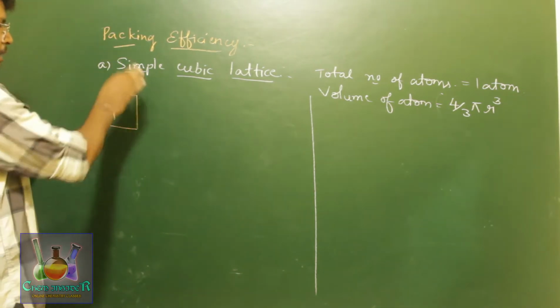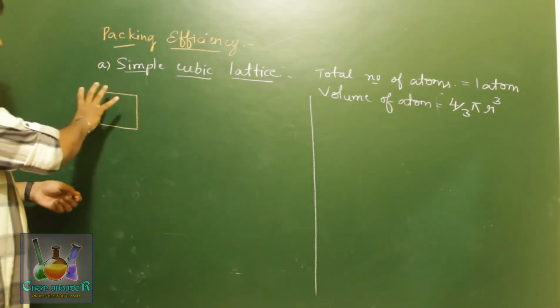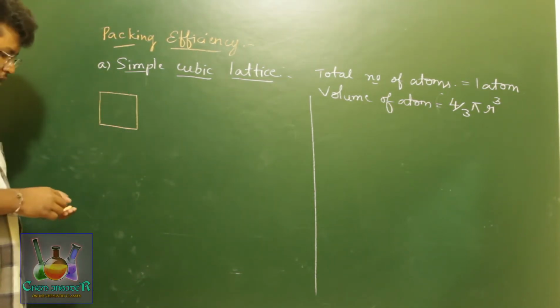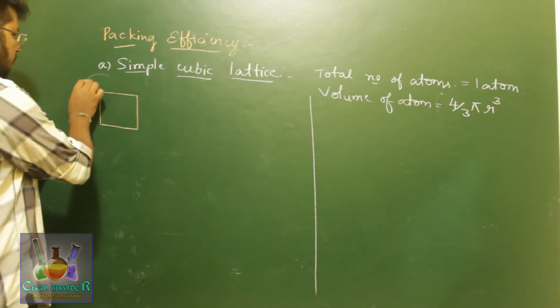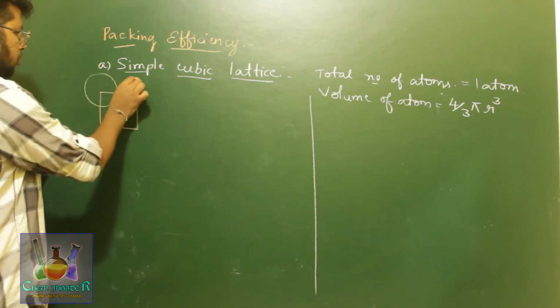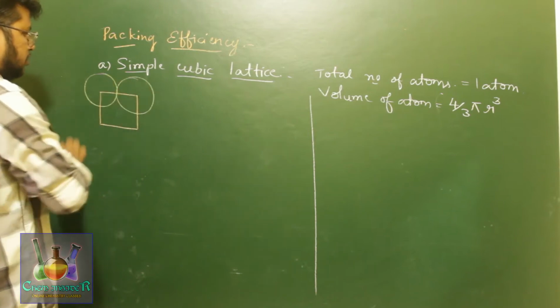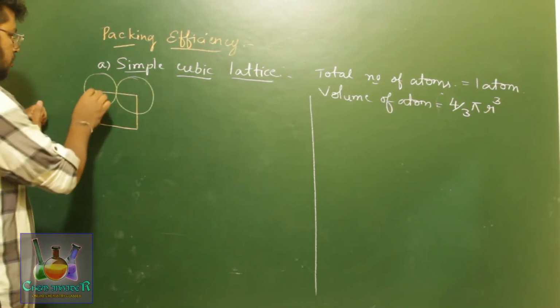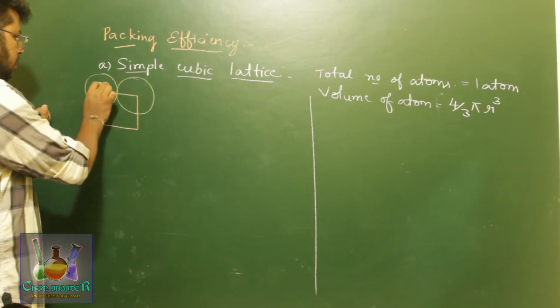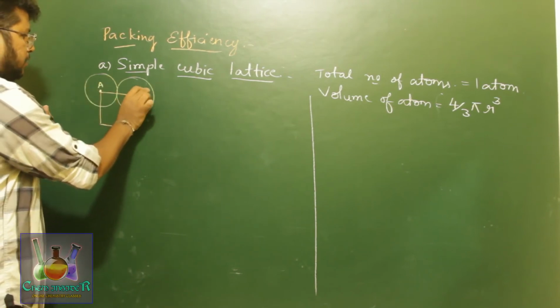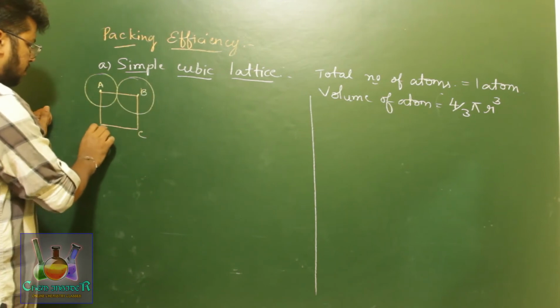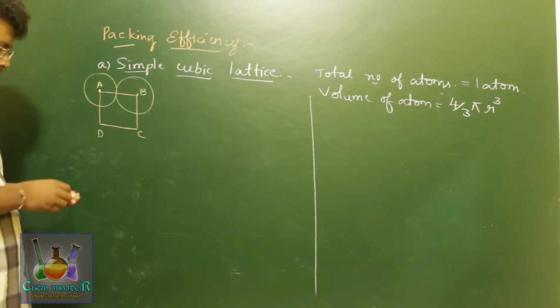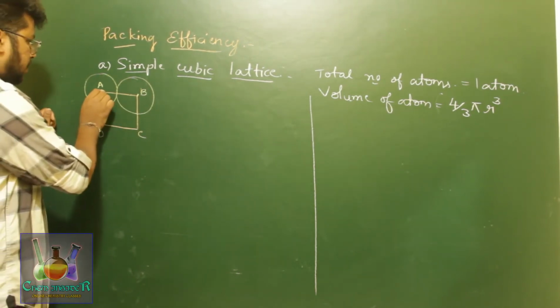Instead of drawing the complete unit cell, I am just taking one face of the unit cell. As we know, there are atoms present at the corners, and they will be touching one another. Now consider this as point A and this as point B, this is C and this is D, and let us consider this radius as R.